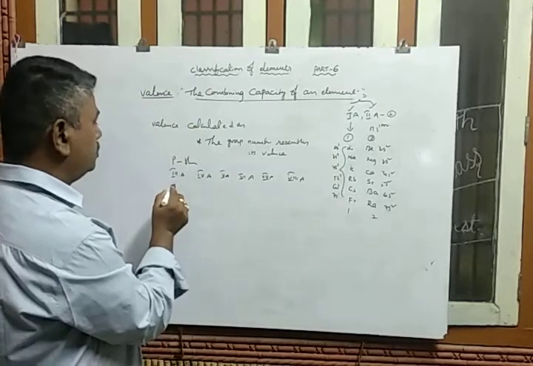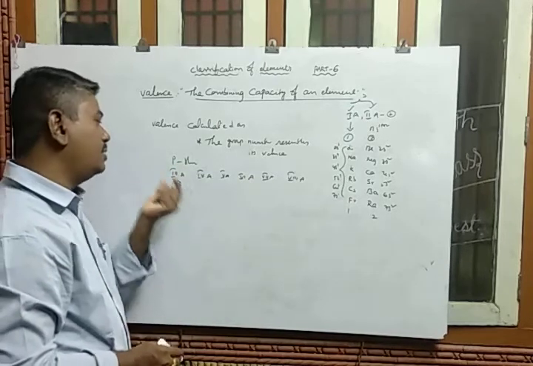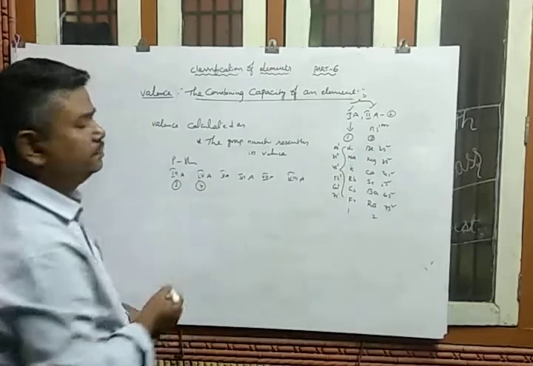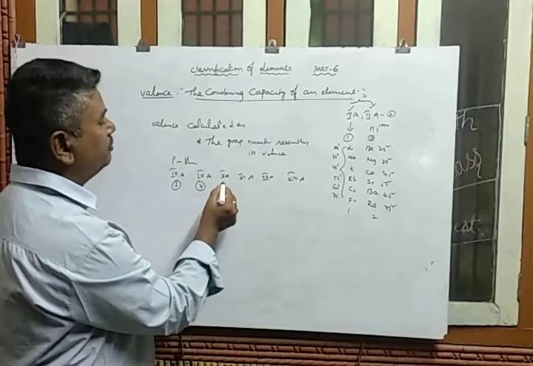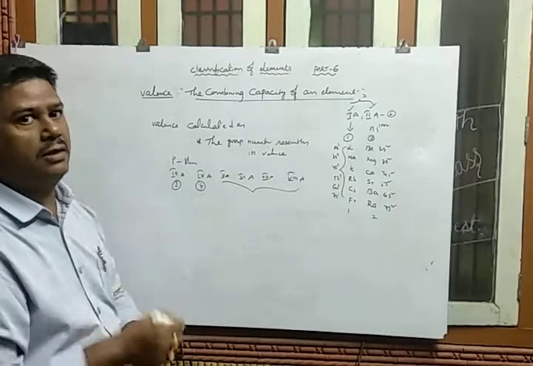In the third A also, the number of valence electrons is 3, as well as the valency is 3. In the fourth, the valency is 4.